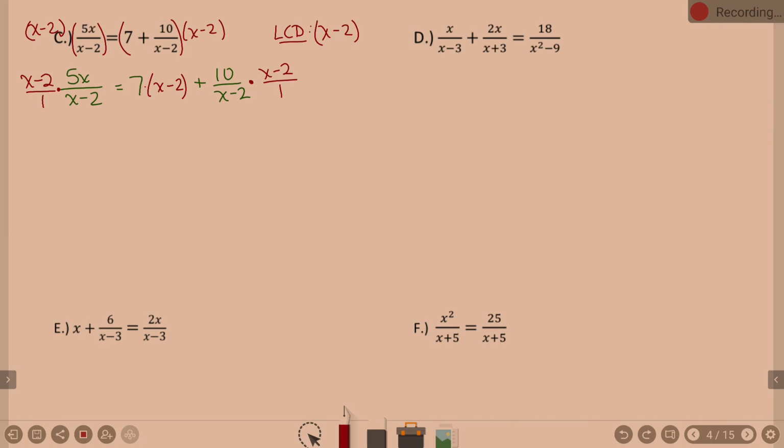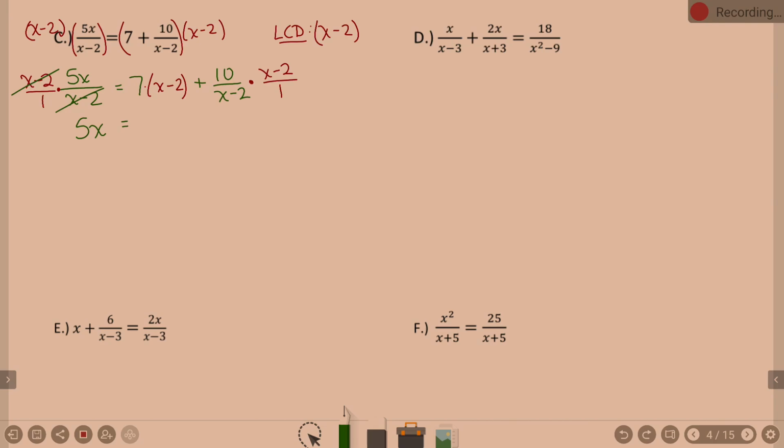Okay? What happens on the left? X minus 2's cancel, and you have 5x. Now, what happens with 7 times x minus 2? Yeah, nothing cancels there, does it? It's a distribute.